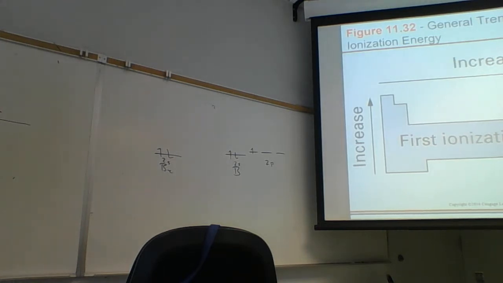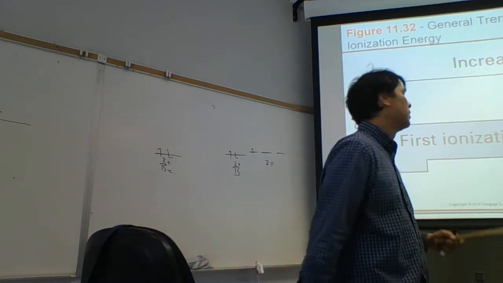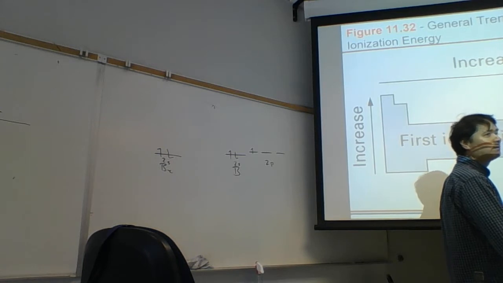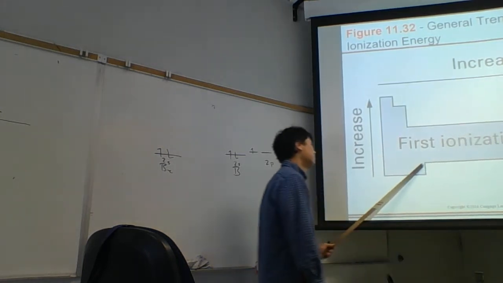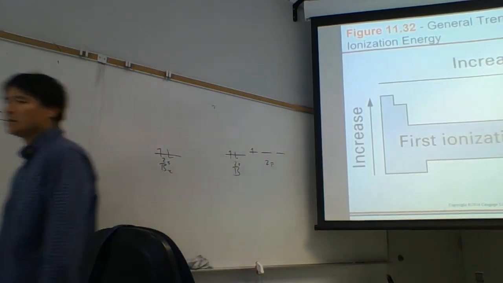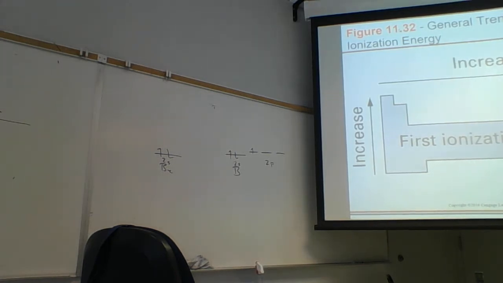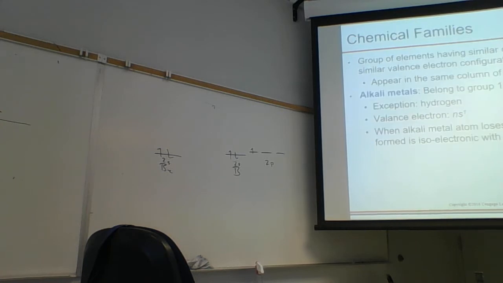So this is what we see. Where's the smallest atom? Top right or bottom left? Top right. What species has the highest ionization energy? Helium. What species has the lowest ionization energy? Cesium. So it just goes by size, the same trend as size, with a few exceptions. Let's skip that.